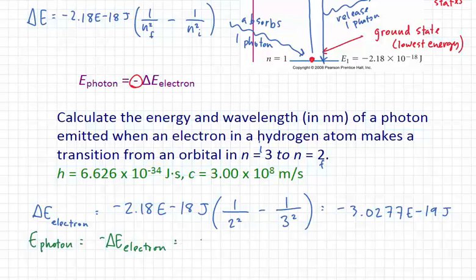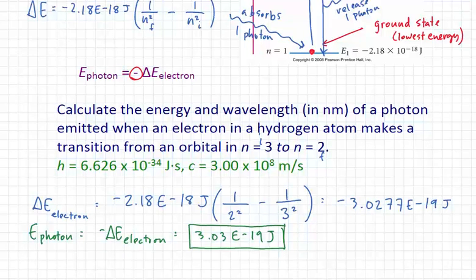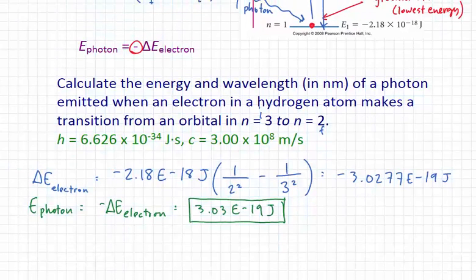So that is the positive value, 3.03 times 10 to the minus 19 joules. Energy of an emitted photon is positive. Okay. So that's given off. It's a certain amount of energy that can be recorded. The delta E of the electron itself, though, is negative because the electron lost energy.